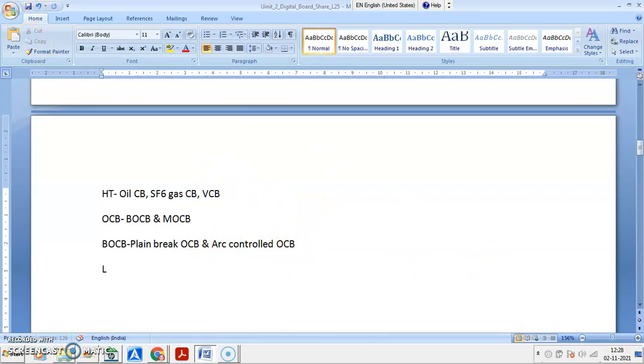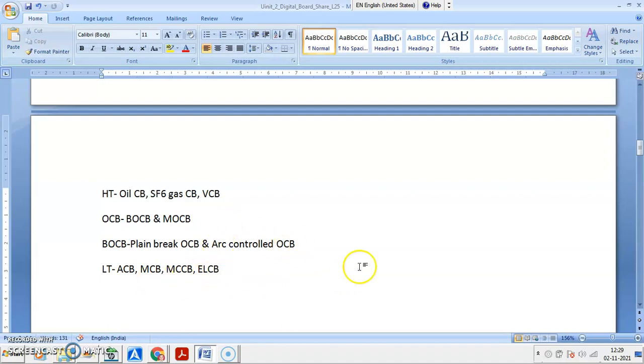In LT category you can have ACB, air circuit breaker. You may have MCB, miniature circuit breaker. I am writing short forms. MCCB, molded case circuit breaker, and ELCB, earth leakage circuit breaker.